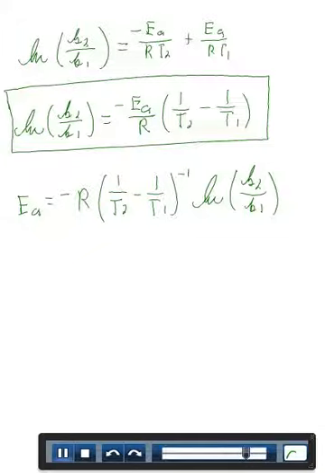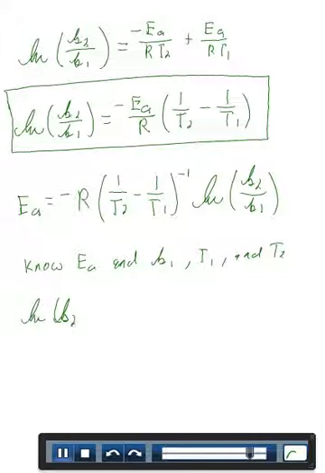Now say I know the activation barrier, E sub A, and k1, T1, and T2. And I want to find, say, the rate constant at T2. So I can solve for that.